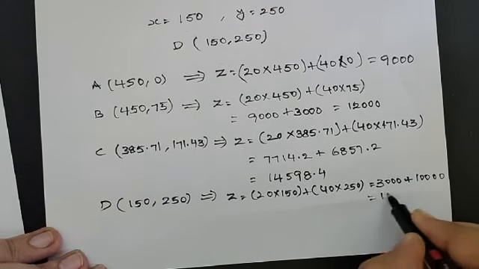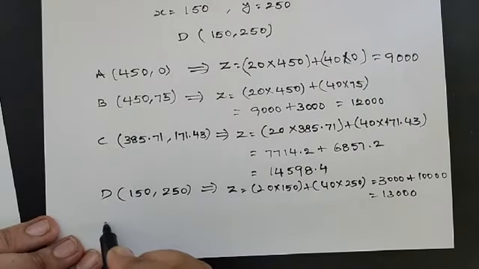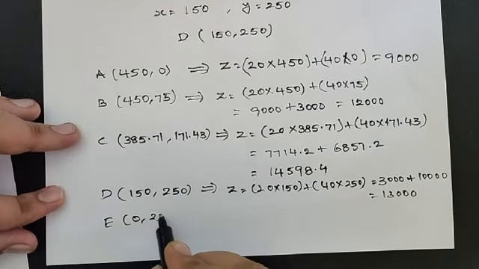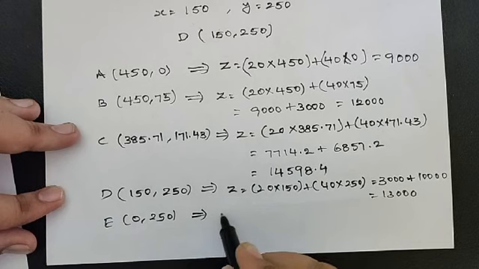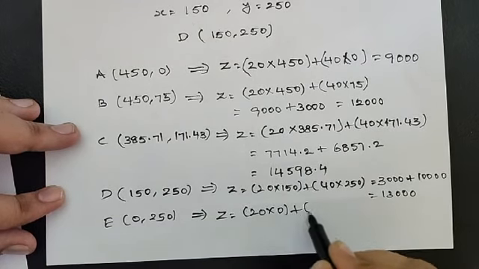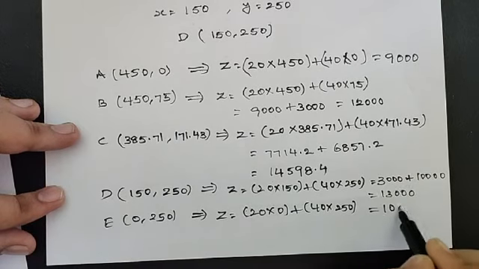It is 13,000. Next, coming to E, the value of E is 0 comma 250. So the value of z equals 20 into 0 plus 40 into 250, that equals 10,000.